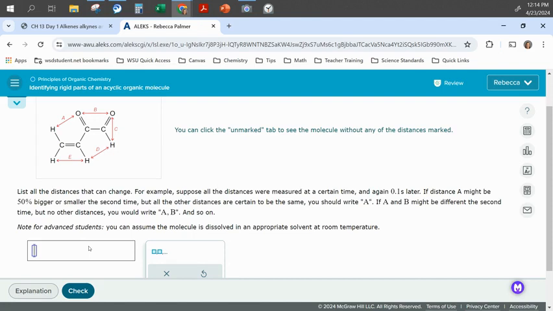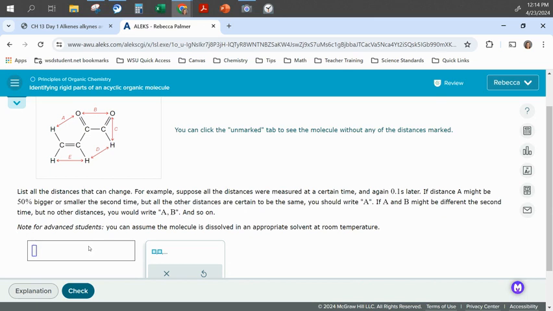Okay, so let's just go through the bonds. I see A is asking if these distances can change. Well, this is locked, and this is locked, but there's a single bond in between. So this single bond can spin. If I have my finger as the spin, and then the oxygen and the carbon, this oxygen can change distances from hydrogen. So A can change.